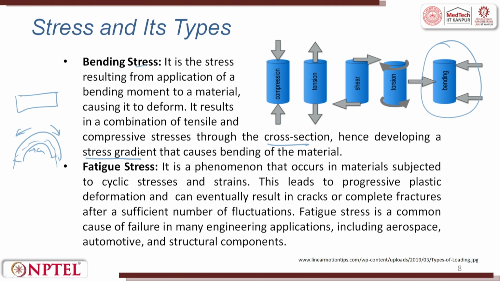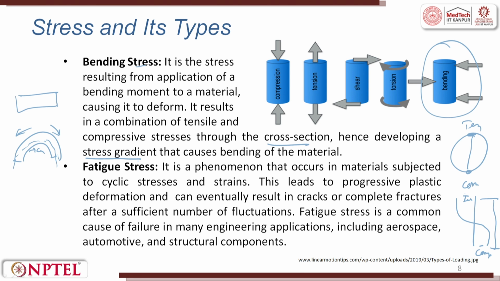The stress changes across the cross section: here it is tensile, here it is compression, and from here to here there is a change. So this is a gradient, a stress gradient that causes bending of the material.